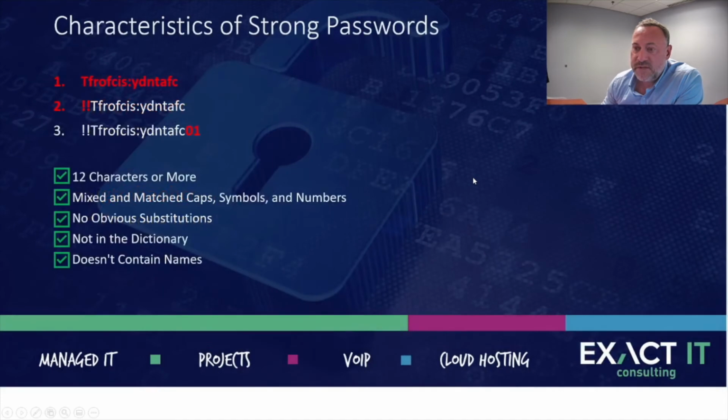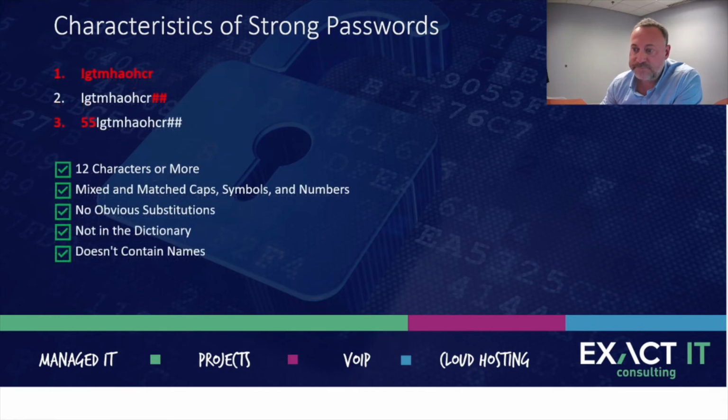And of course, to make sure it's checking all the boxes of the characteristics: 12 characters or more, mixed and matched caps, symbols, and numbers. So we've added in some symbols here at the front, some numbers here at the back, no substitutions, not in a dictionary, and does not contain names. So essentially, we're checking all the boxes, and we're creating strong and memorable passwords. Same one for I'm going to make him an offer he can't refuse. Add a couple of hashtags, a couple numbers there.